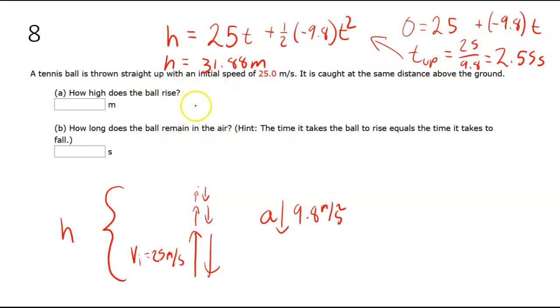If all we're concerned about is how high the ball rises, and we don't really care about how long it's in the air, how long it takes, I could also use the vf squared equation, 2a delta d, where I can say that my final velocity is 0, initial velocity is 25, acceleration is negative 9.8, and the change in position is really just that height, the maximum height that it's going to reach.